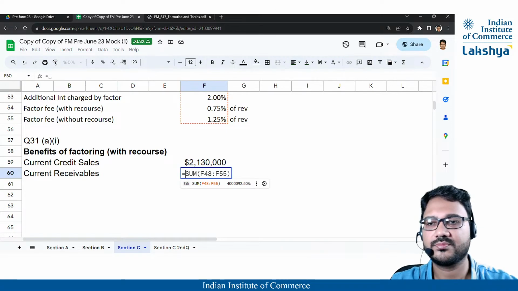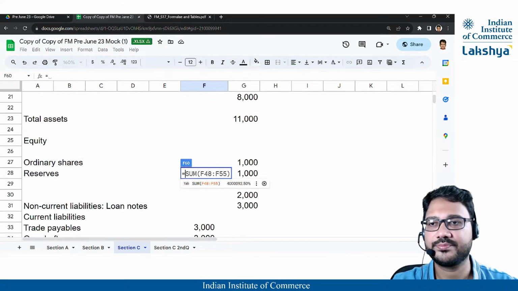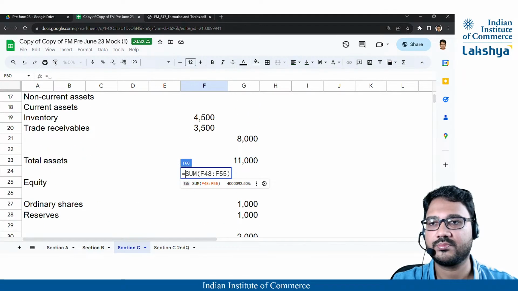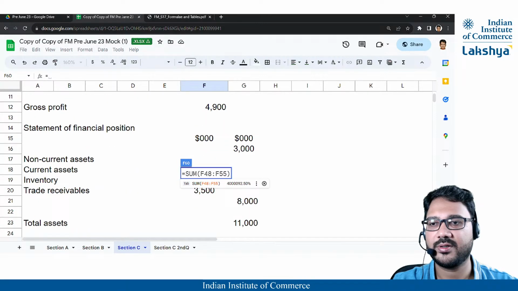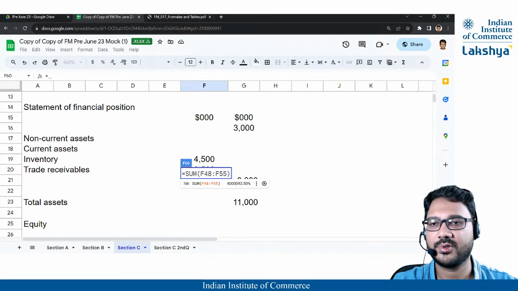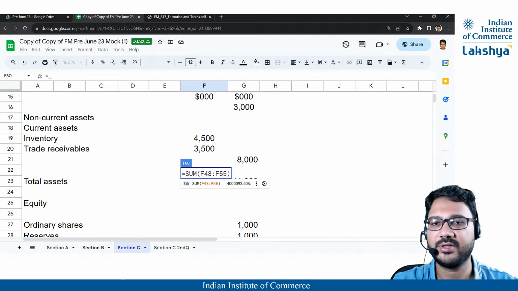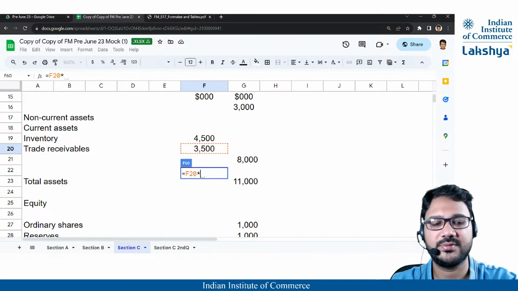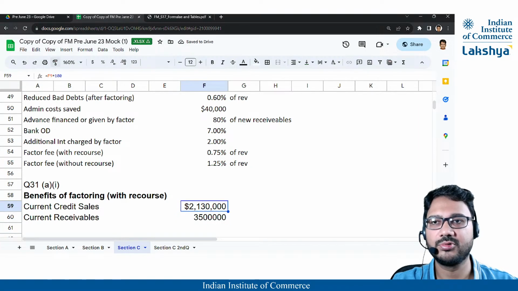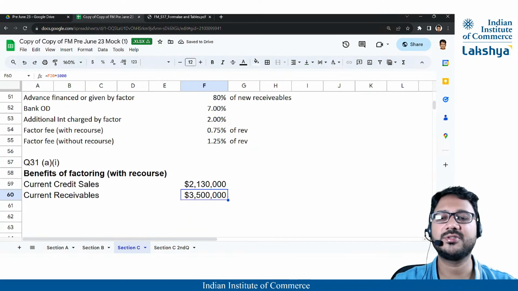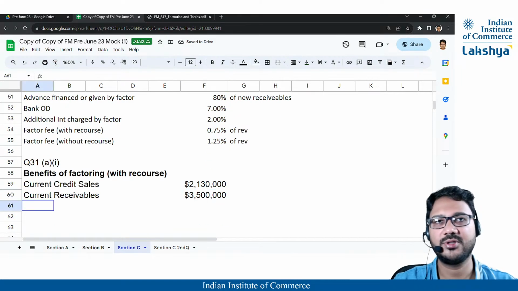Now the current receivables, is it given? The balance sheet, it should be given somewhere. The current assets, inventory, and trade receivables. Yes, it is given. Okay, so in 2000, $3.5 million is the current receivables.